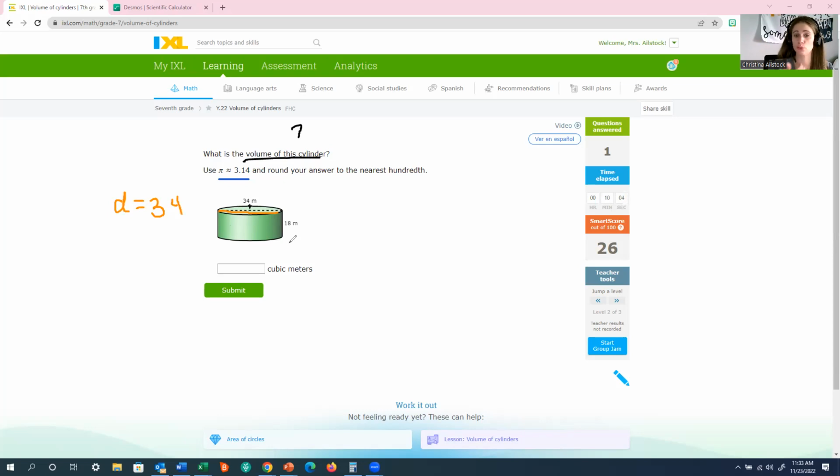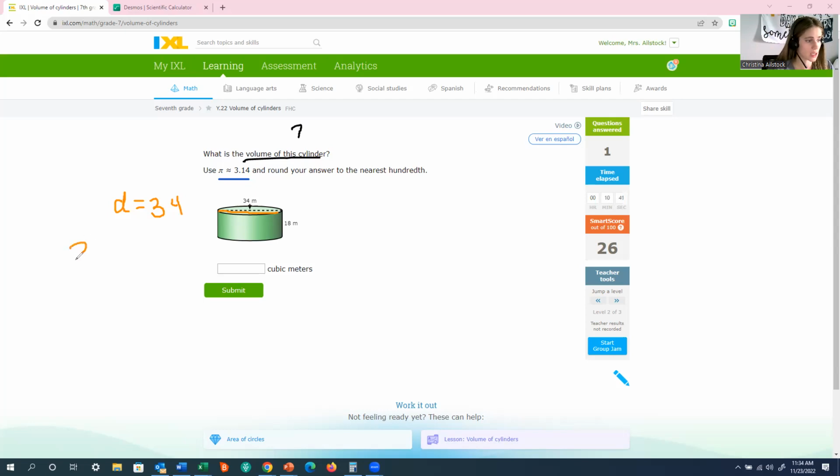But we need the radius in order to use our formula. Well, recall the relationship between diameter and radius. Radius is half the diameter. So we need to find what half of 34 is. When the numbers are larger, if that makes it difficult for you to find and just know what half of that is, remember, when you're taking half of something, that's the same thing as cutting it in half, as dividing it by 2.